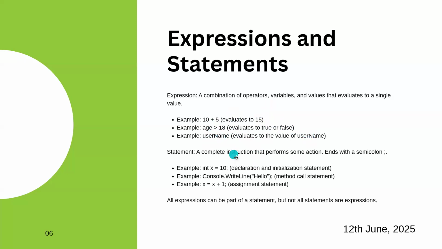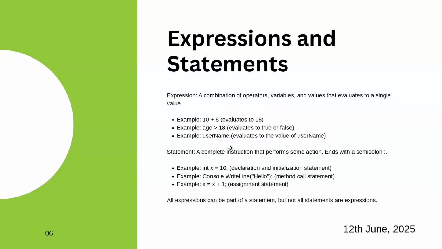Whatever code is written that has evaluation and a value is an expression. Then username evaluates to the value of the username, like we had data type string username equal to precious. That is an expression.